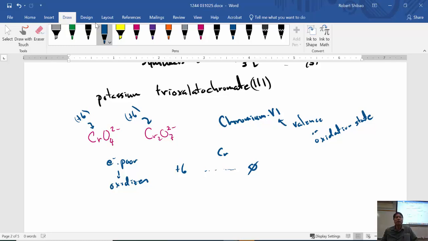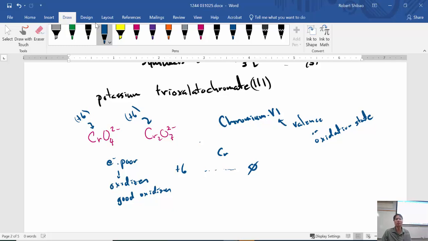And the next thing is, how good of an oxidizer is it? Is this a very good oxidizer? This is where you need a little bit of memorization. And it turns out that chromium 6 is a good oxidizer. How do you know? These types of things are from experience. That is, you've seen it before or somebody's told you that chromium 6 is a good oxidizer.